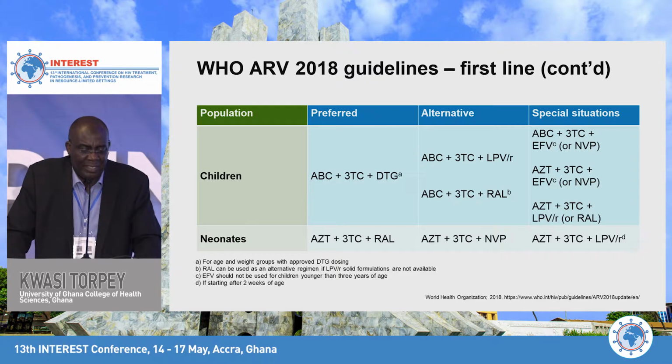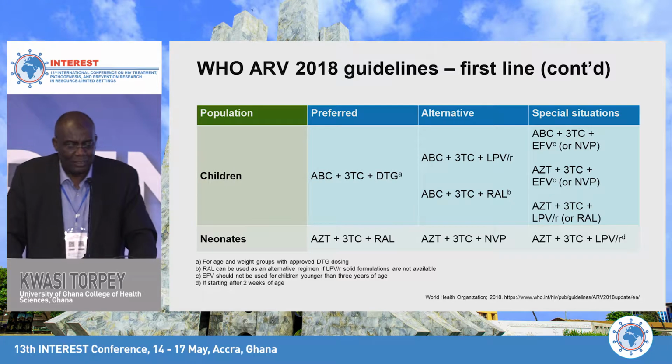And for the children, we have abacavir, lamivudine, and then dolutegravir. For the younger ones, the neonates, we had the introduction of raltegravir, but this will probably be a discussion for another time.